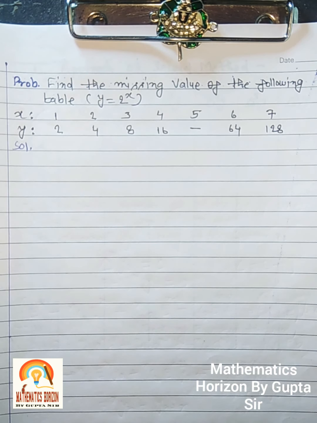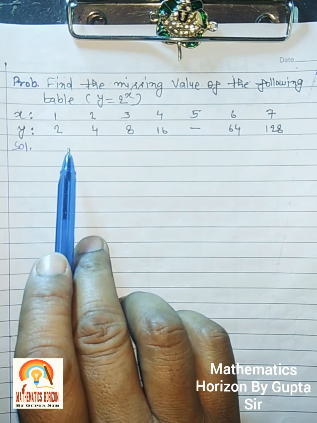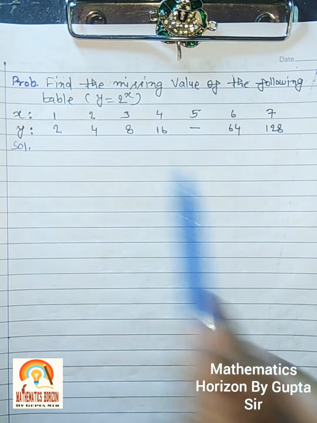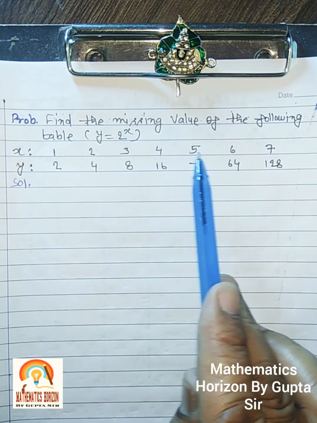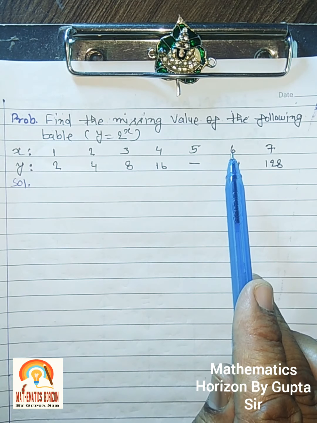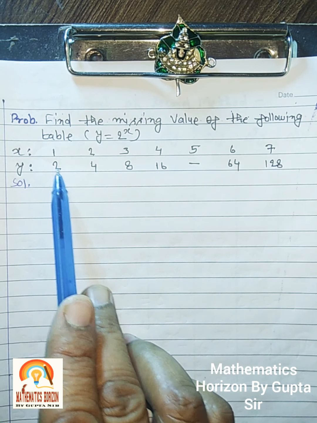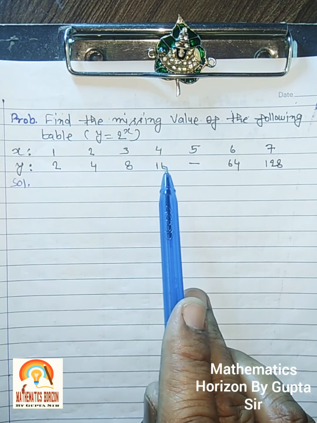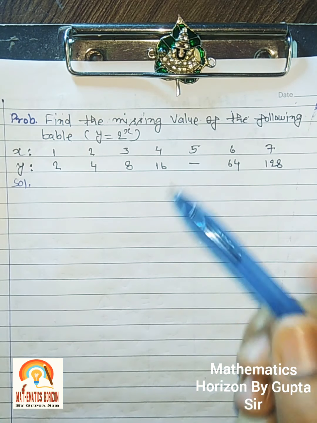This is the problem. Find the missing value of the following table. Here data is given x equal to 1, 2, 3, 4, 5, 6, 7, and corresponding values of y are 2, 4, 8, 16, and this value is missing. We have to find this value.